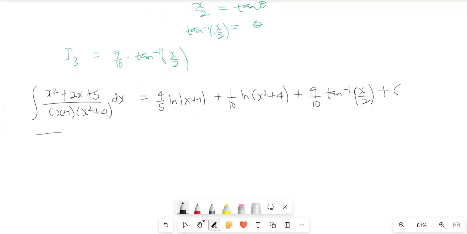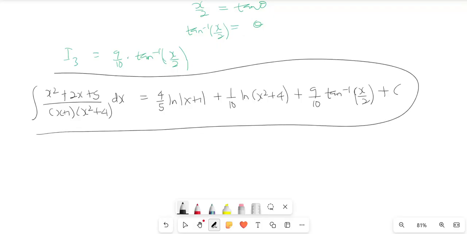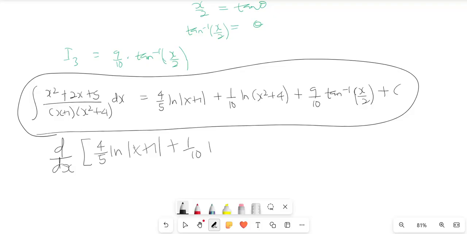So you can verify this by differentiating this. If you want to verify your answer, you can differentiate this one, which is 4 over 5 natural log of x plus 1 plus 1 over 10 natural log of x squared plus 4 plus 9 over 10 arctan of x over 2 plus c.